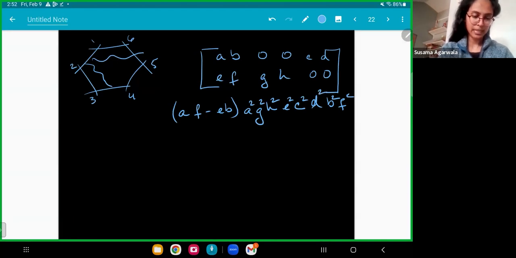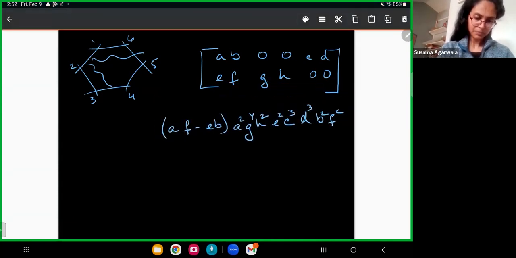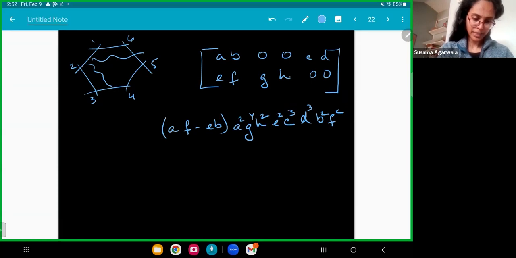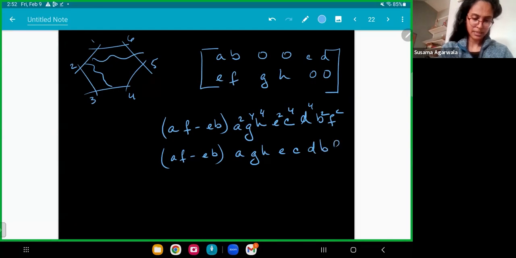Then I go to the next one, I get GC, so this becomes a 3, and I have GD, so this becomes a 4. Where's my D? This becomes a 3. Let me just move this down a little bit. Right, and then I have H becomes a 3, C becomes a 4, and H becomes a 4, D becomes a 4. So my prime factors are AF minus EB, AG, AH, EC, ED, BG, BH, FC, FD.